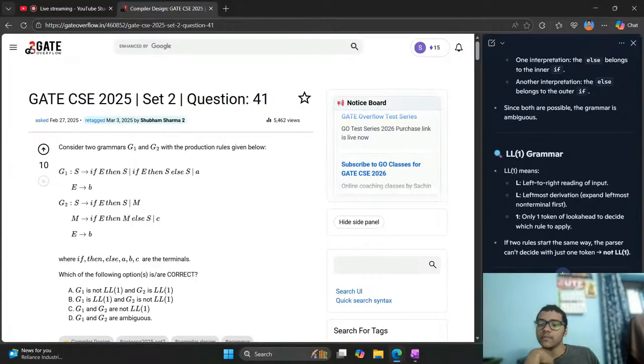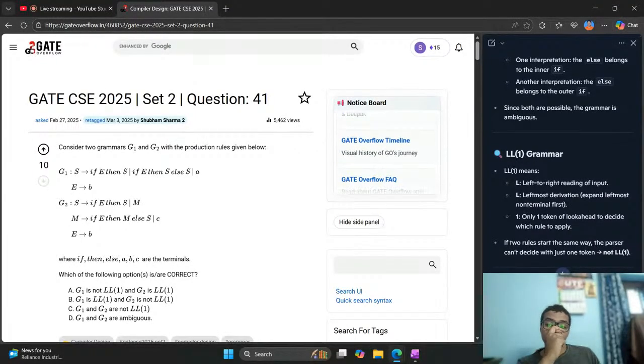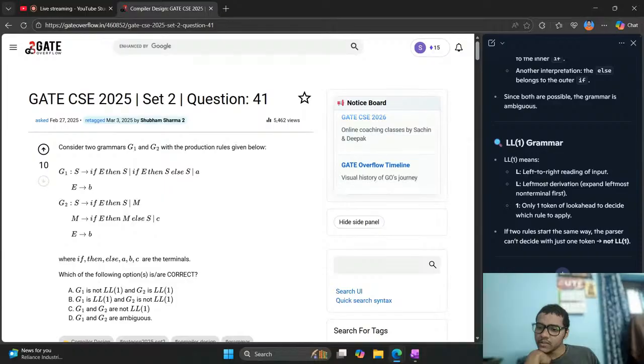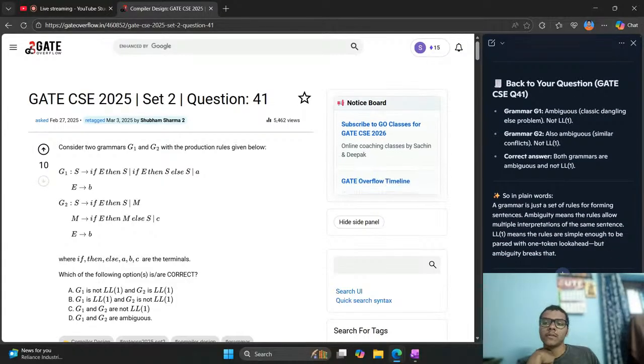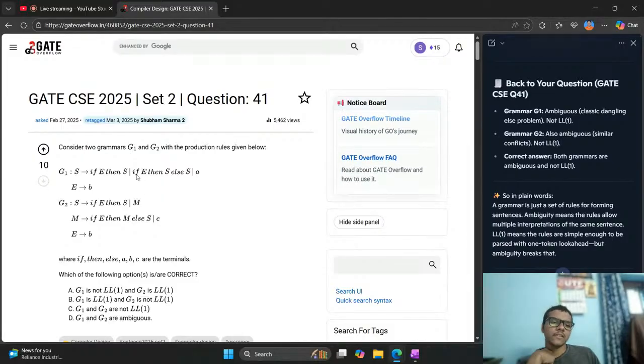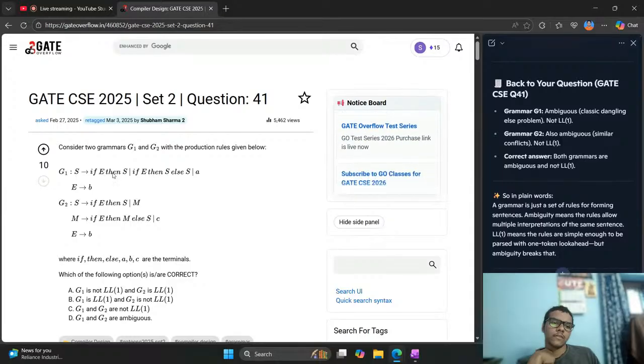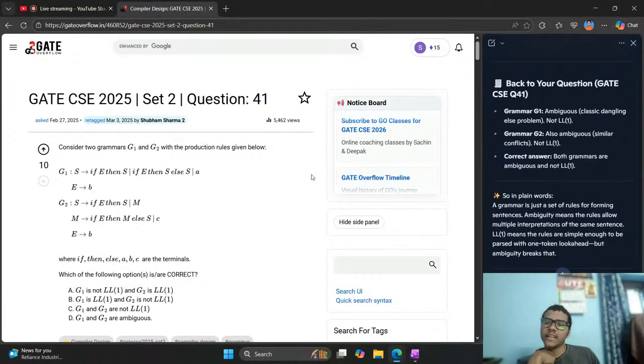LL1 means left to right reading of input, with leftmost derivation, meaning the leftmost non-terminal is expanded first, using only one token of lookahead to decide which rule to apply. If two rules start the same way, then the parser cannot decide. Back to your question: the grammar is the dangling else problem.